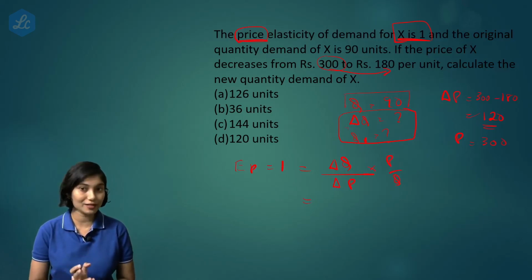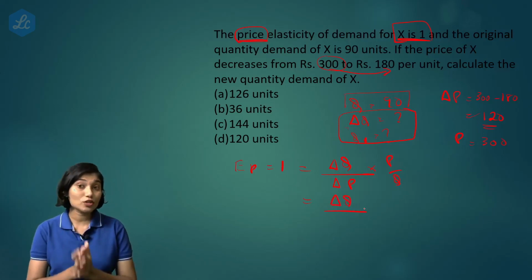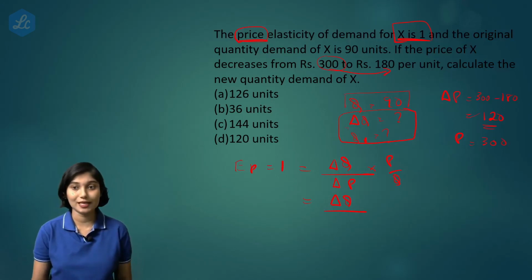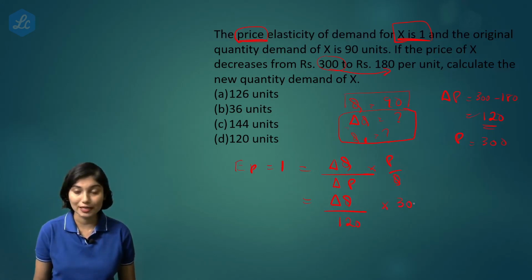Do you have it? No, because you don't have the new quantity, right? So this we retain the way it is. What is your change in price? Do you know the change in price? Yes, we found out 300 minus 180 is 120, into what is your original price? Your original price is 300. What is your original quantity? Your original quantity is 90.